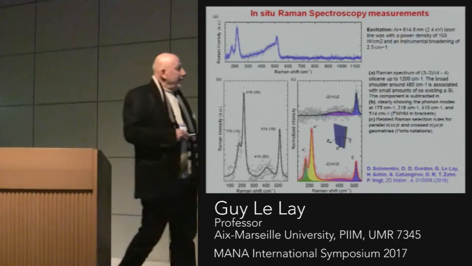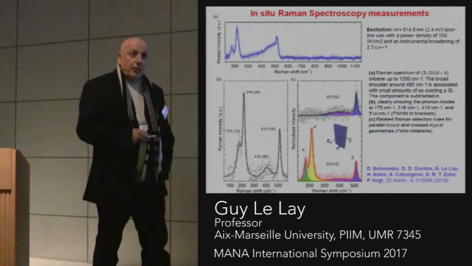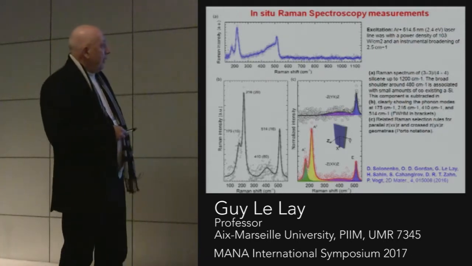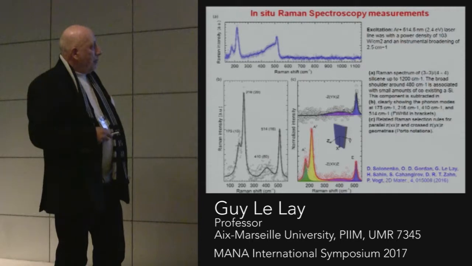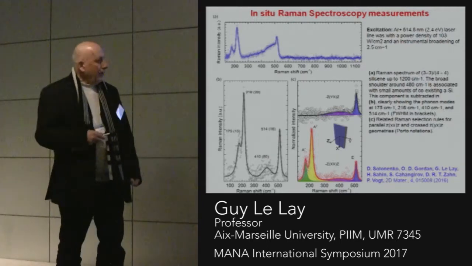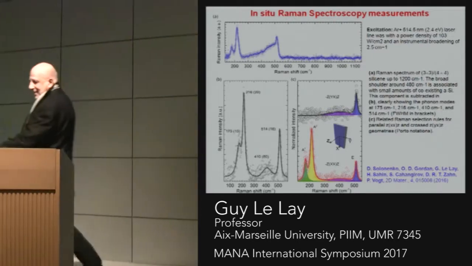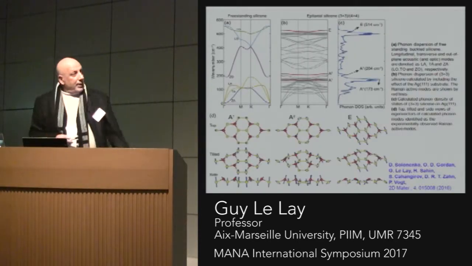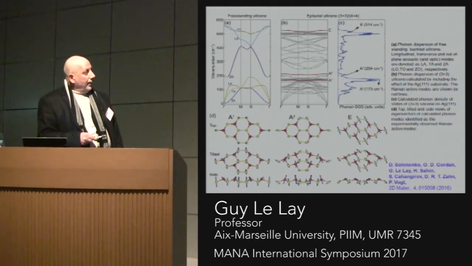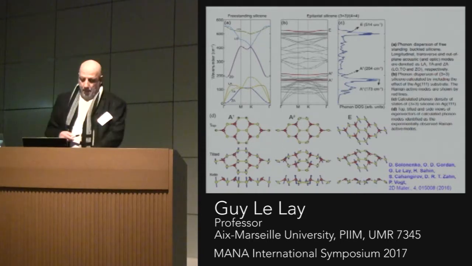What we did also recently is in situ Raman spectroscopy, to identify the vibration modes. And then we found phonon modes with those values, which we could interpret also through DFT calculations.